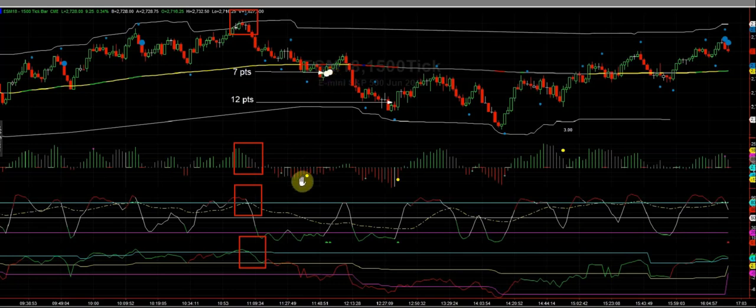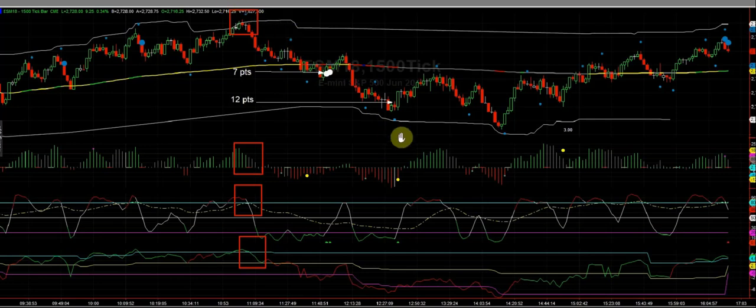But since we got this trending dot, if we stayed in it, we would go down to here before we would get out, because remember we had the reverse read on this trending dot. So if you took it down to here, you would have made 7 points. And if you took it down to here, you would have made about 12 points.